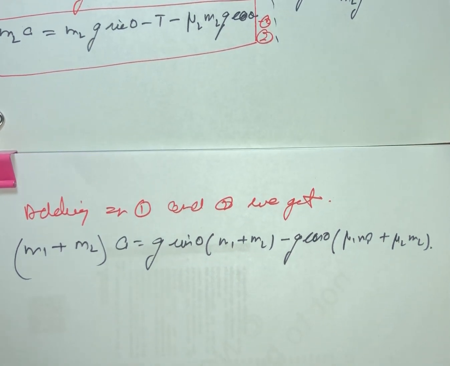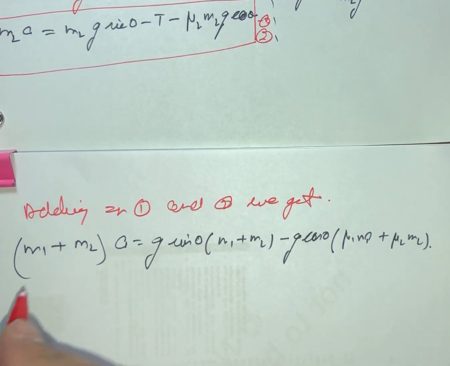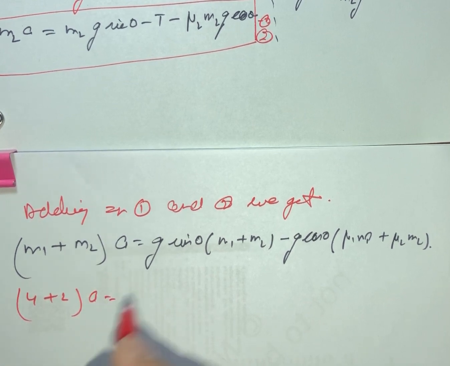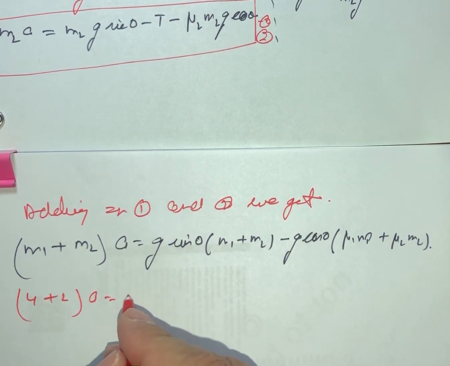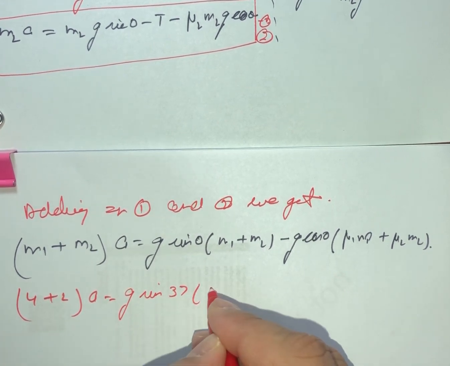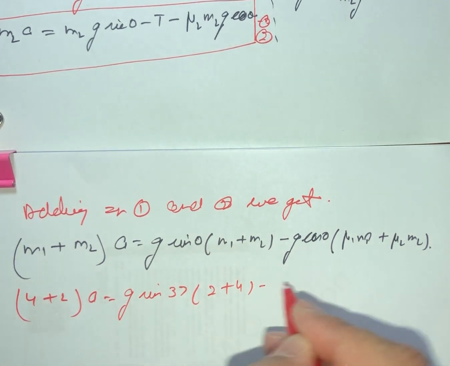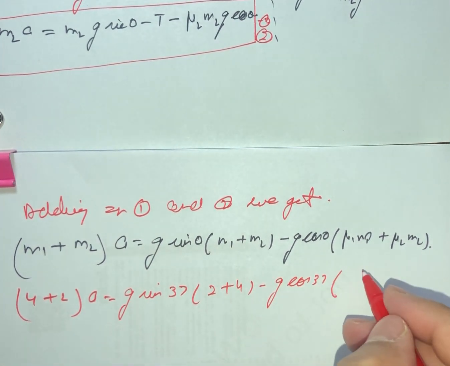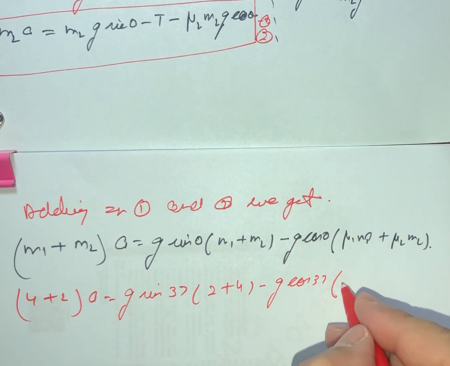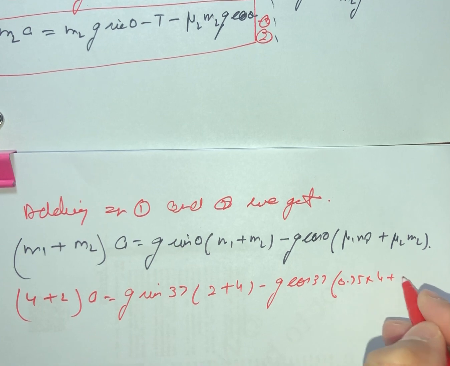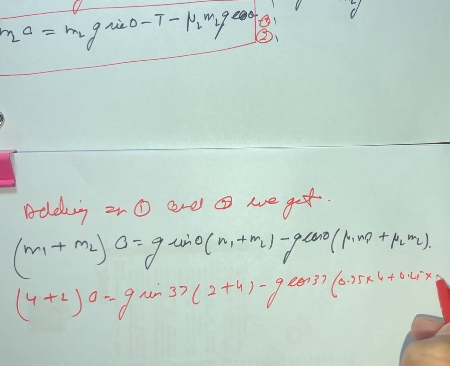We substitute the values. m1 is given as 4, so this will be (4 plus 2) multiplied by a, and we have g sin 37 times (4 plus 2) minus g cos 37 times (0.75 times 4 plus 0.25 times 2).